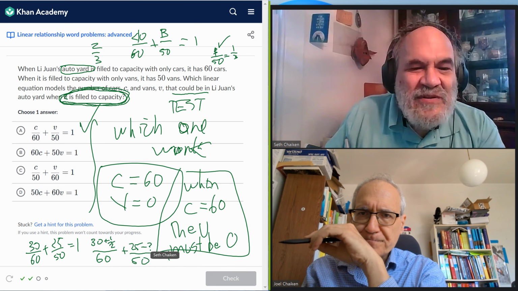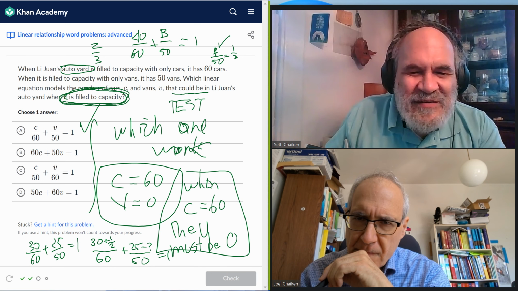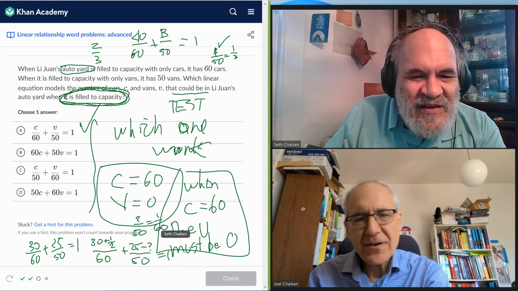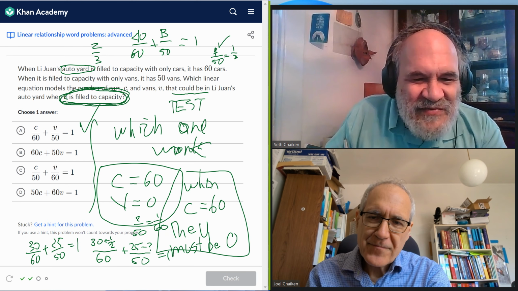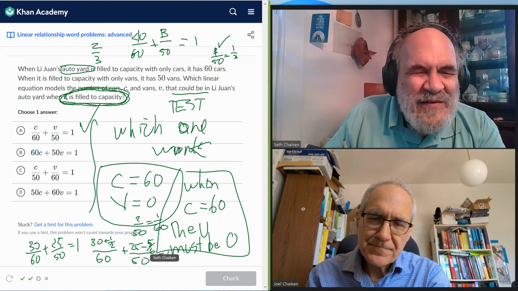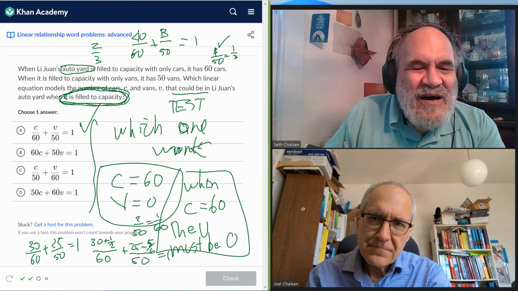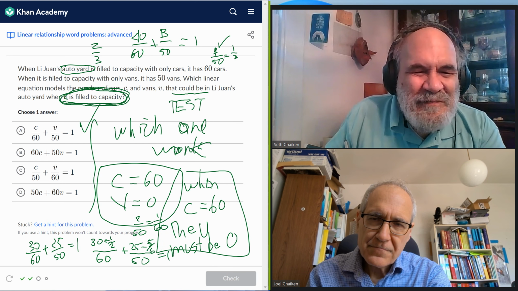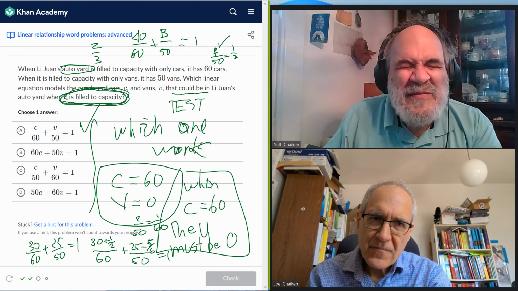The little question mark is whatever it takes to be question mark over 50. Should be 1 over 60, therefore the question mark is 5/6. So you could add half of a car if you take away 5/6 of a van.